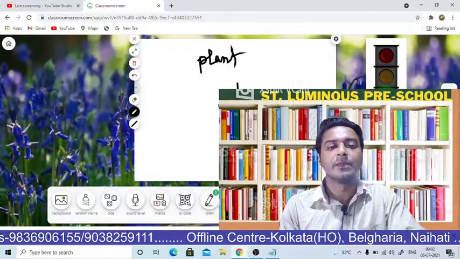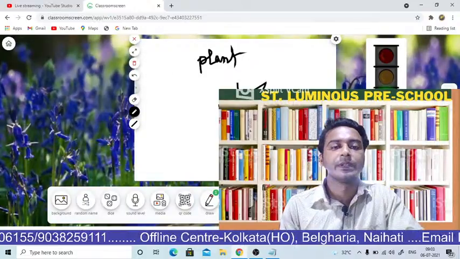Suppose this is a plant body. It has a root system. It is the root system of the plant. This is the root.